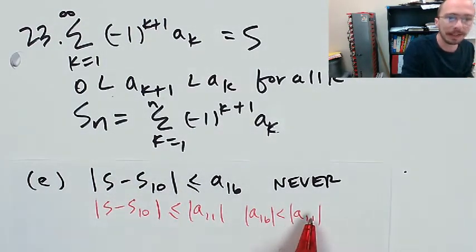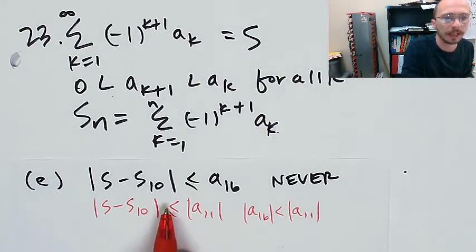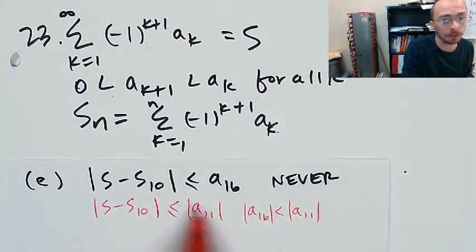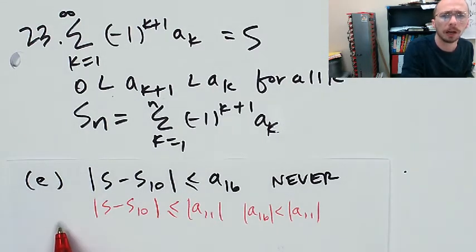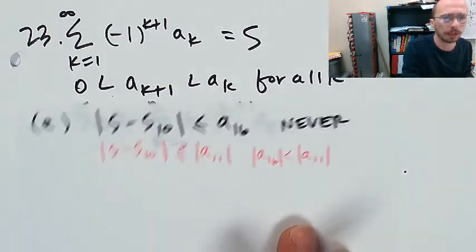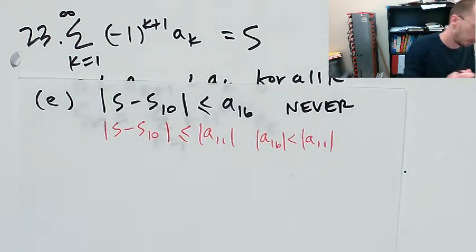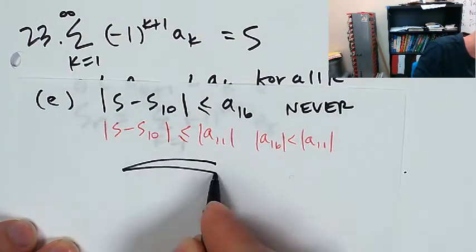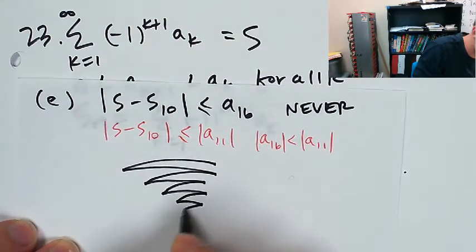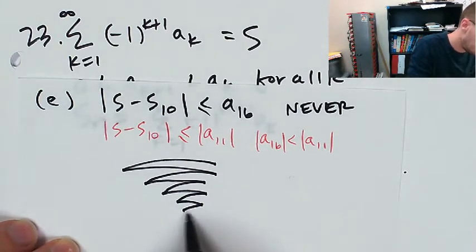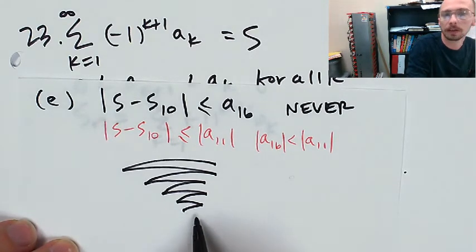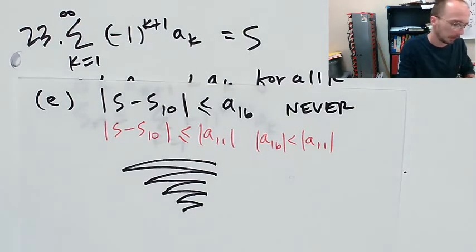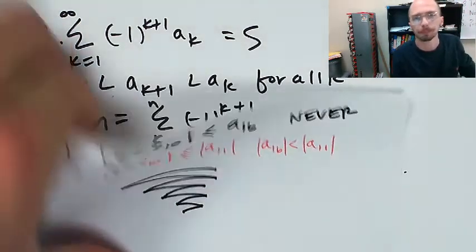Since A16 is less than A11, S minus S10 could still be less than it, but it's probably not, because the terms are getting smaller and smaller. If I was to draw one of those rainbow diagrams, suppose we've got S1, S2, S3, 4, 5, 6, 7, 8, 9, 10. The maximum possible distance would be A11, but A16 could be really small, and less than the distance I needed to get to my convergent value. So I'm going to say this is never true.